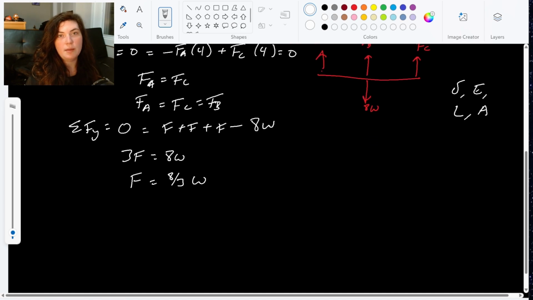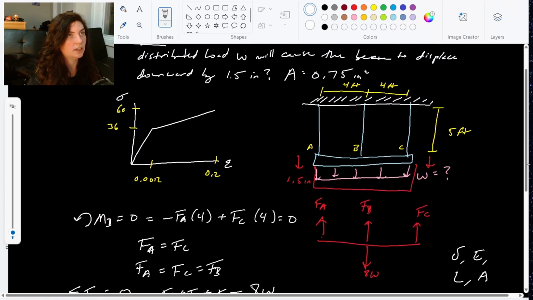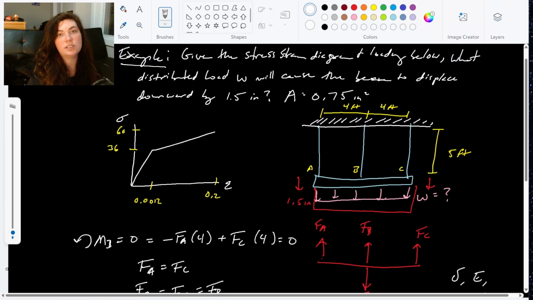So now I can apply my strength of materials knowledge. I've gone through all of my statics. I'll see what other relations I can use, right? I know the displacement that I want. I know the displacement I want is 1.5 inches, and I have an initial length.